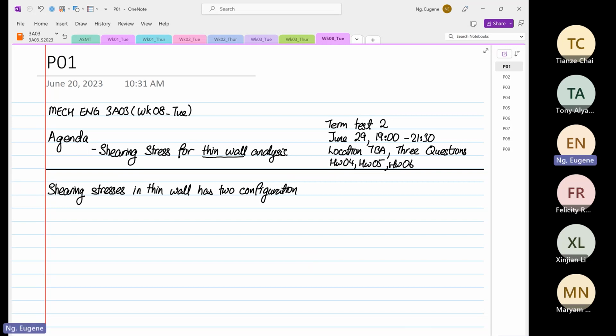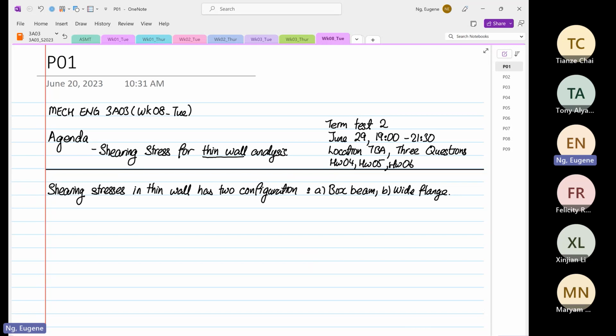And 1A, the first one, is known as a box beam. And B is a wide flange. Okay, and I'm going to show you the difference.